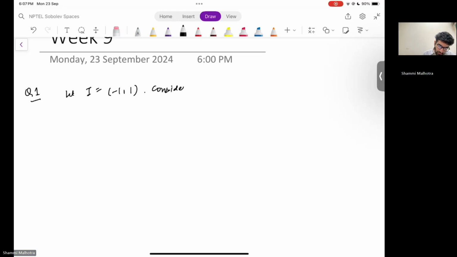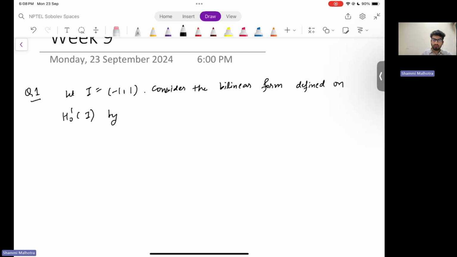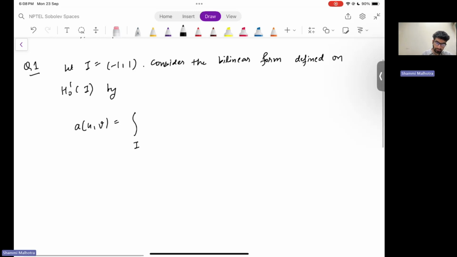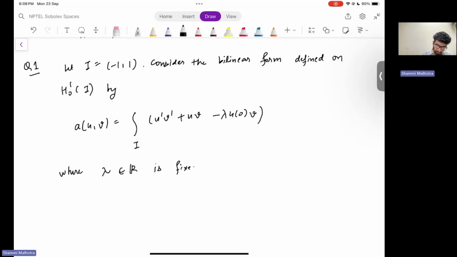Then consider the bilinear form defined on H_0^1(I) by, this is the bilinear form which I'm considering, a(u,v) equals the integration over I of u' v' plus uv minus lambda u(0) v(0), where I'm taking lambda belonging to R to be a fixed constant.